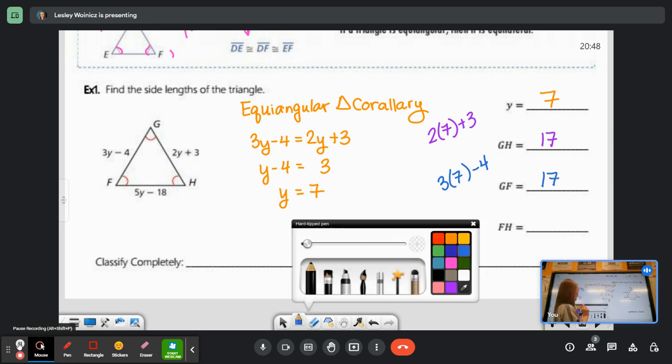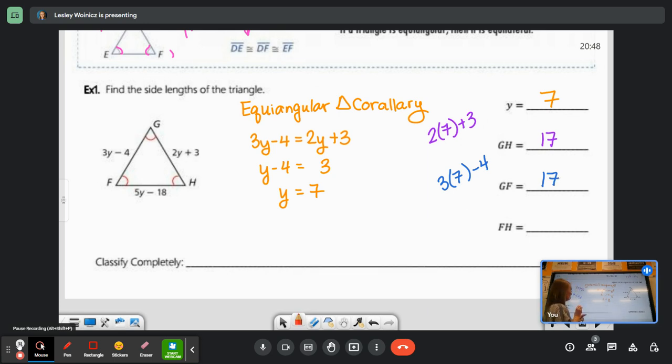We're 2 for 3, guys. One more. FH: 5 times 7 minus 18. 5 times 7 is 35, 35 minus 18 is 17. And the crowd goes wild. Now we have to classify it.